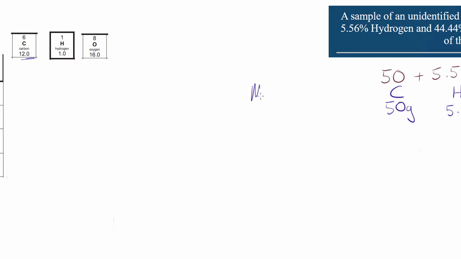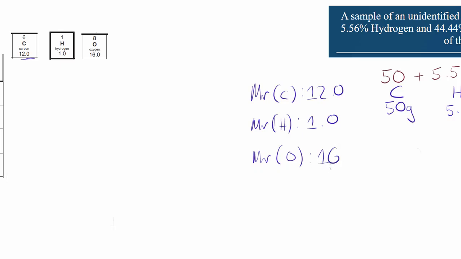So Mr of carbon is 12, Mr of hydrogen is 1, Mr of oxygen is 16.